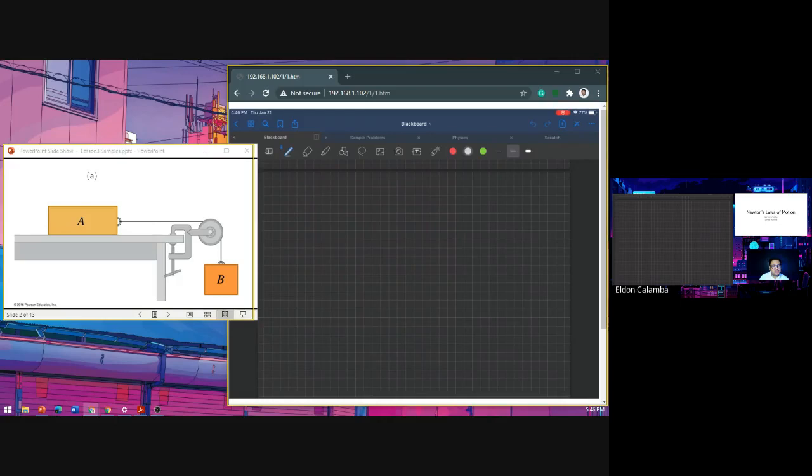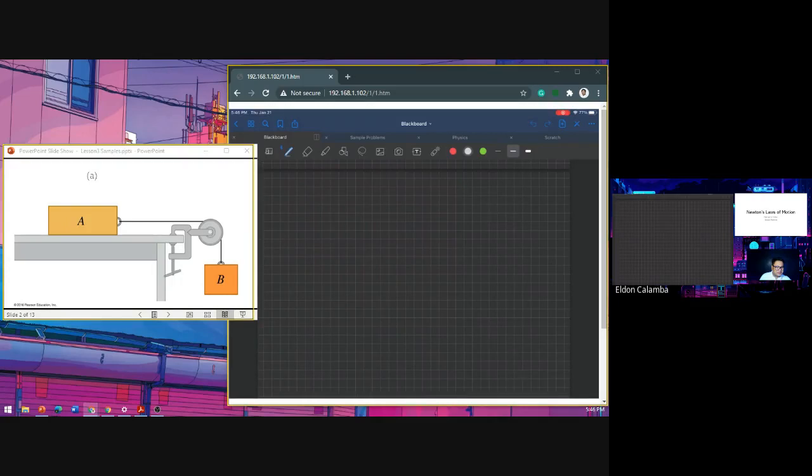For this, as you can see, meron kang dalawang box, box A at saka box B. We will not represent it as a box, but we will represent it as an idealized model, as a point particle. So kung point particle lang, it's really literally just a point. Okay? And then bakit we represent that one?